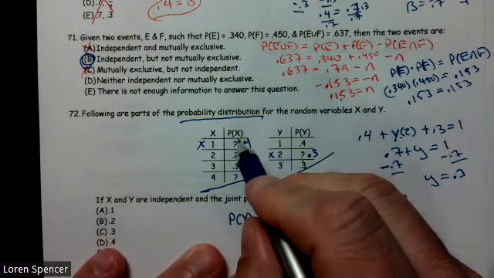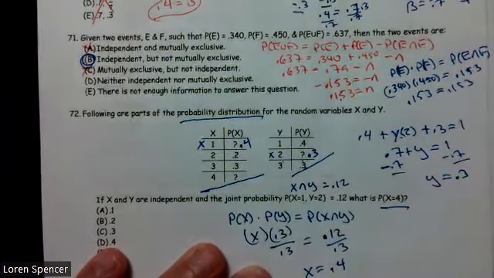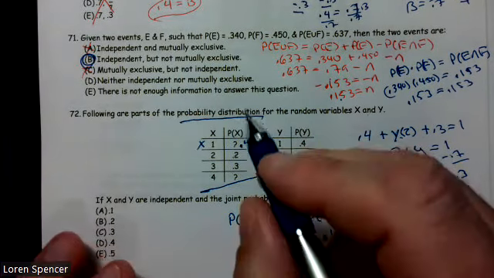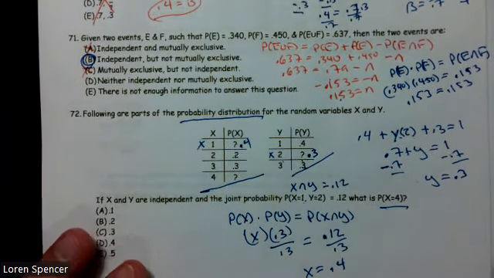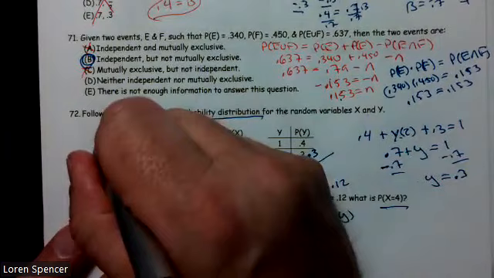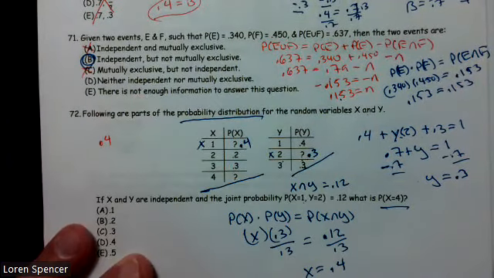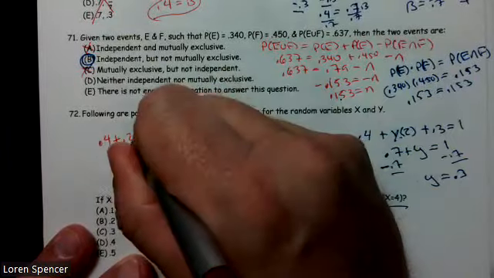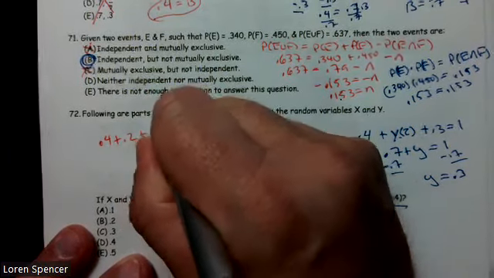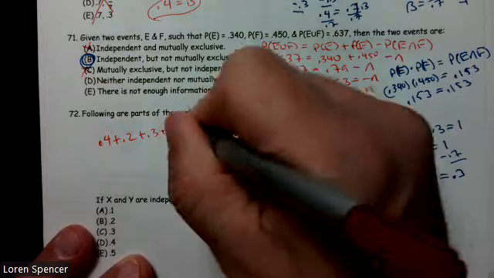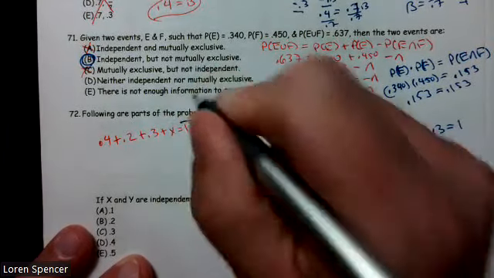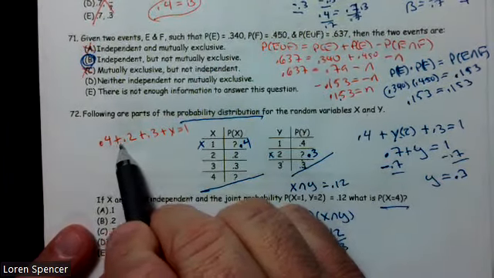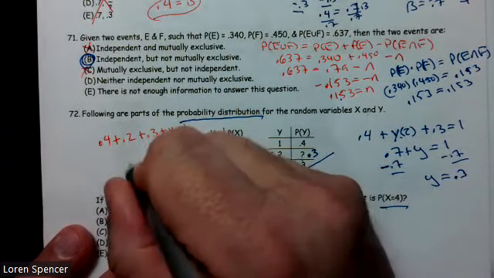Remember, the sum of all these values has to equal 1. So we have 0.4 plus 0.2 plus 0.3 plus x has to equal 1. I add these up: this is 0.6, this is 0.9.